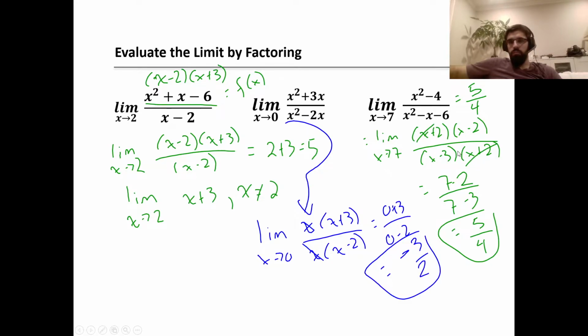When we use direct substitution on our simplified function, we plug 7 in for x in x minus 2 over x minus 3, and we get 7 minus 2 over 7 minus 3, or 5 over 4. So our limit is 5 over 4 for this one. And so these three examples together show us that we can use factoring in order to use direct substitution.